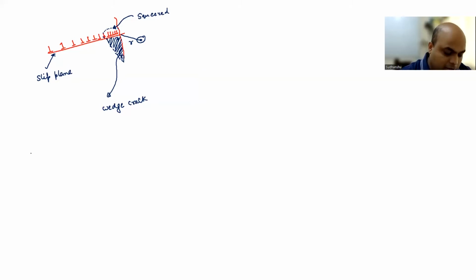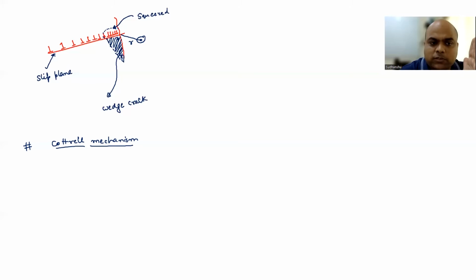Now the second one is the Cottrell mechanism. This was discussed in terms of the Lomer-Cottrell barrier in lecture 1 of course 1.